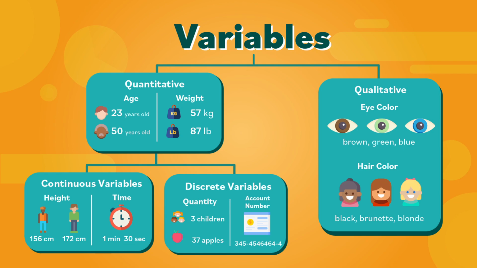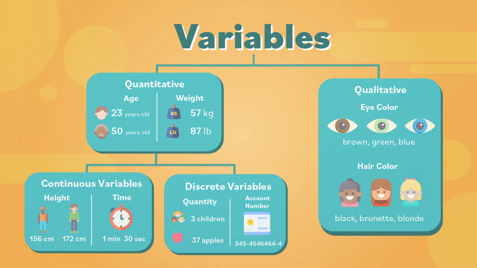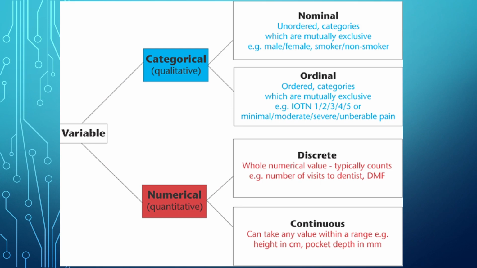You can have attributes for those, but think about qualitative versus quantitative, then continuous variables like height and time, and discrete variables like quantity and account numbers. This is another representation of the variables: categorical, qualitative, and numerical, which are quantitative.